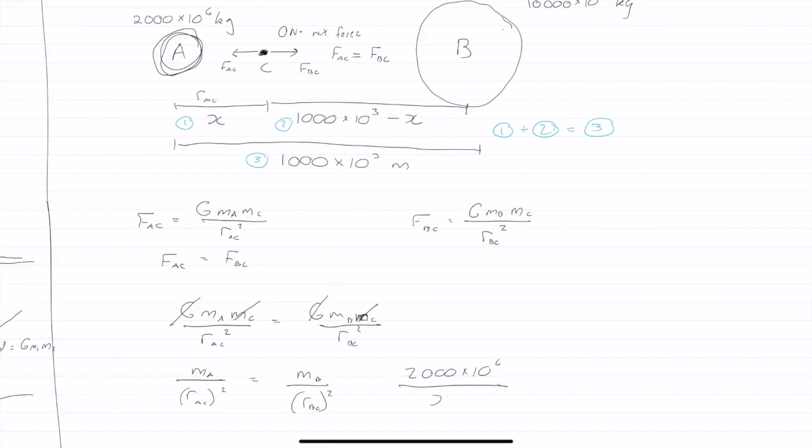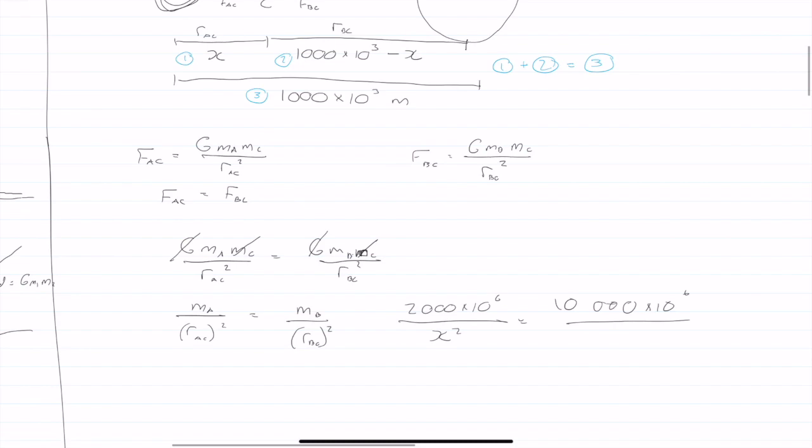So I have 2000 times 10 to the 6 over x squared is equal to 10,000, which is my mass of B, times 10 to the 6, all over my R_BC, the distance between B and C, which is again 1000 times 10 to the 3 minus x, all of that squared.